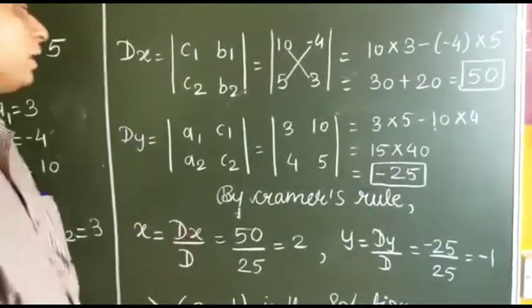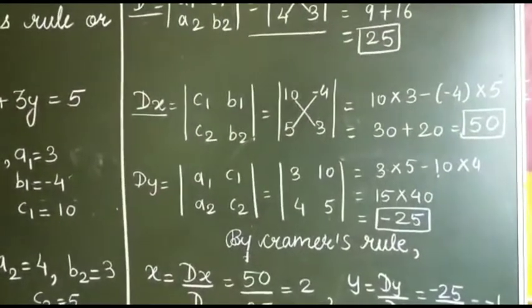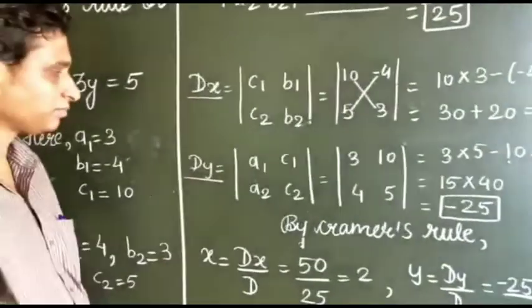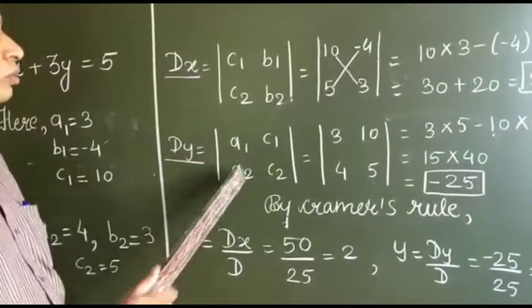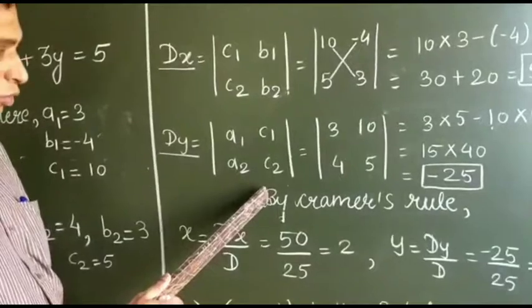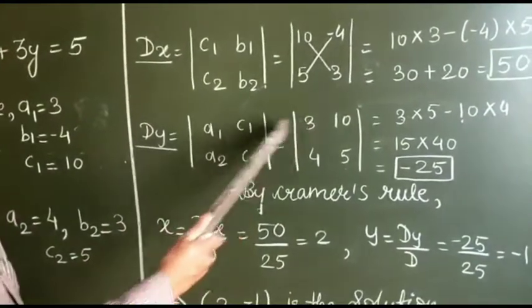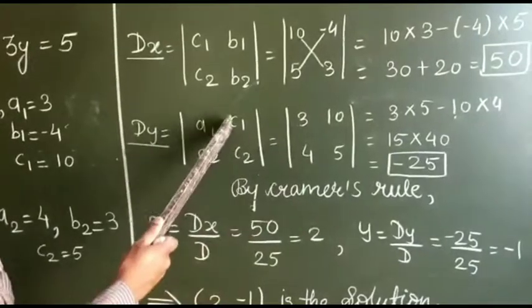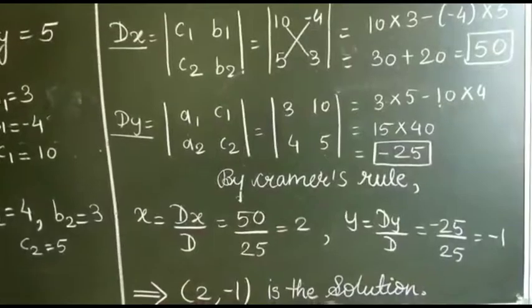Okay, we have found the determinant Dx and also D. Now we have to find the value of Dy, determinant y. So what is the formula for that? It is a1, a2, c1, c2. Put the values in this determinant: a1 value is 3, a2 value is 4, c1 value is 10, and c2 value is 5.